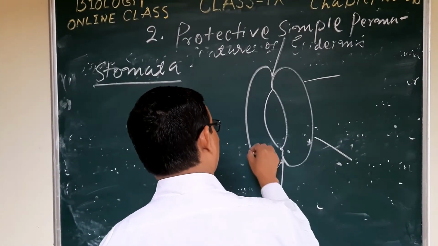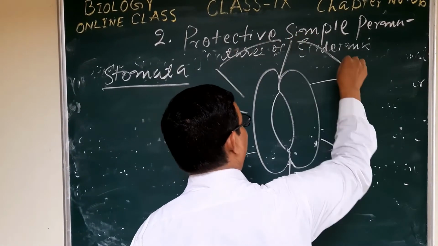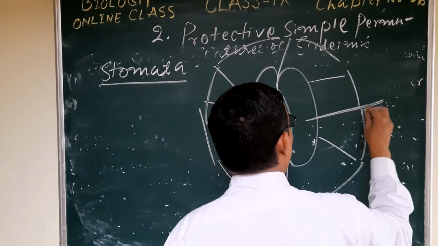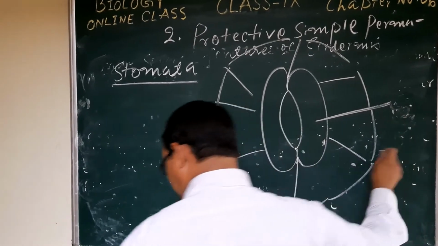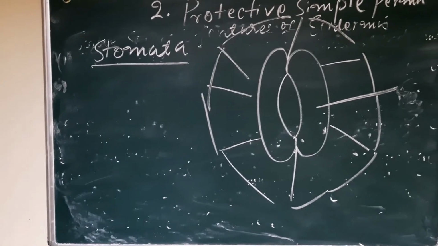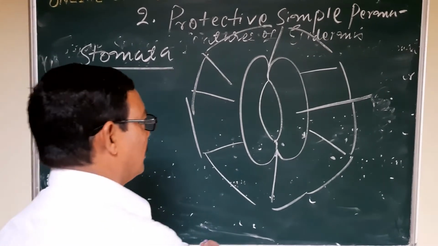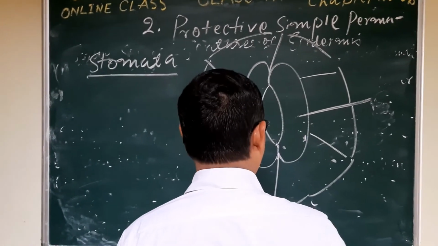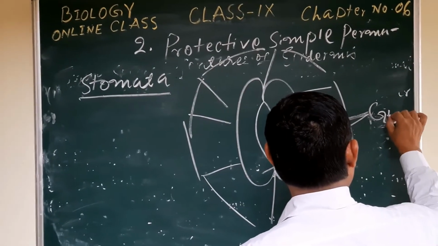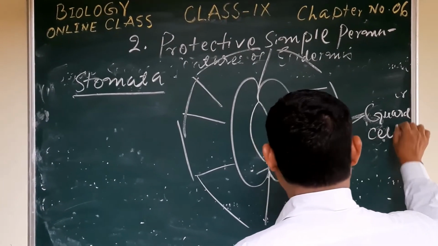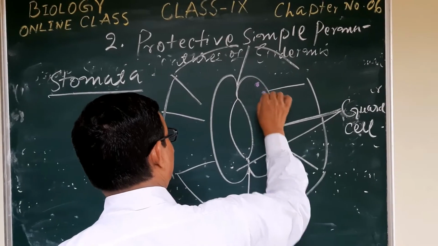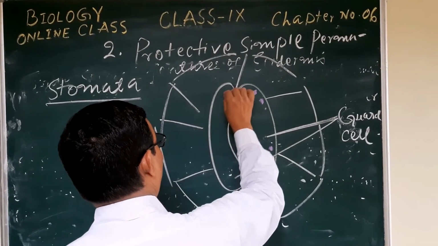This is the epidermal layer. This is the guard cell. Within this guard cell there is the presence of chloroplast.